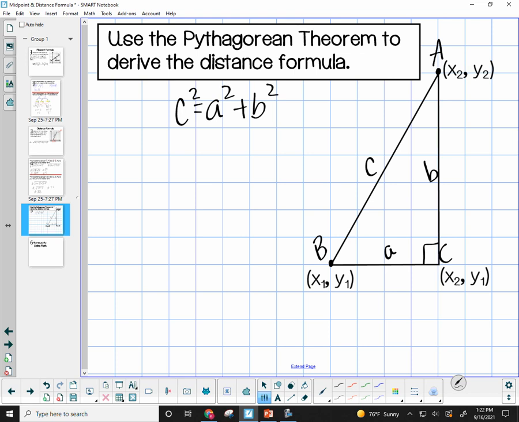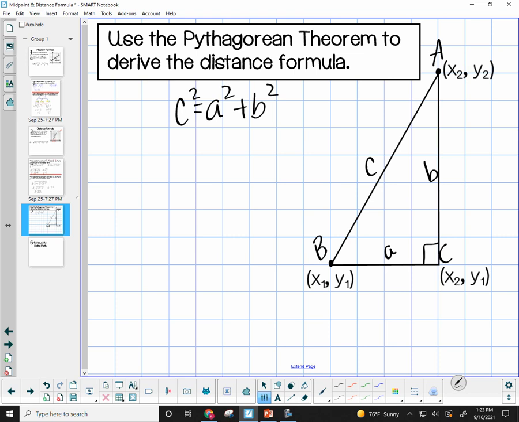Okay, now let's think about point A. A is going to have the same x coordinate as C, but the y value would have changed. So that's going to be y sub 2. Is that idea okay? All right, so this is called coordinate geometry, like when we start putting in these substitute coordinates instead of actual numbers. So let's think about how can I find the length of side A using these coordinates that I have?